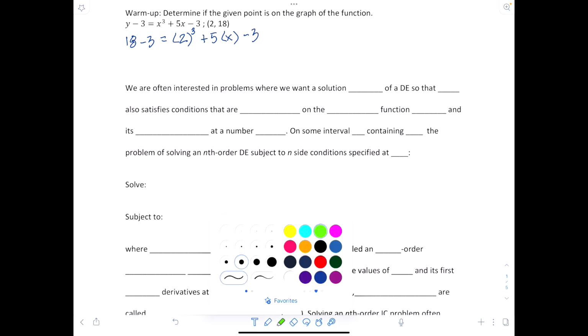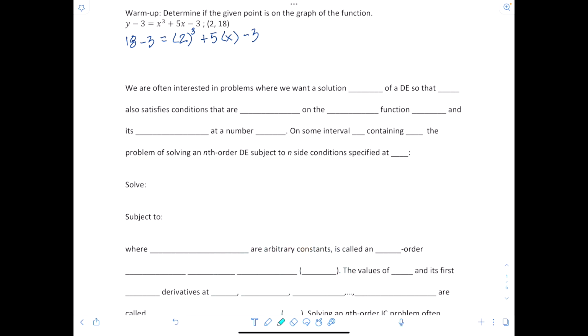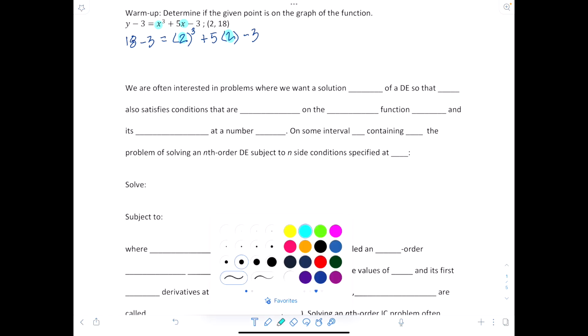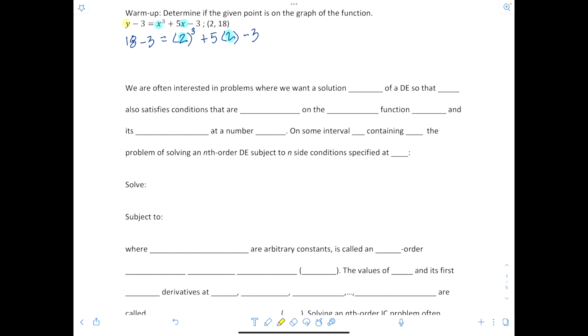Sorry, not x, my bad. X is 2. And all I did here is for x, I put 2, and for y, I replaced y with 18. This is from our ordered pair.